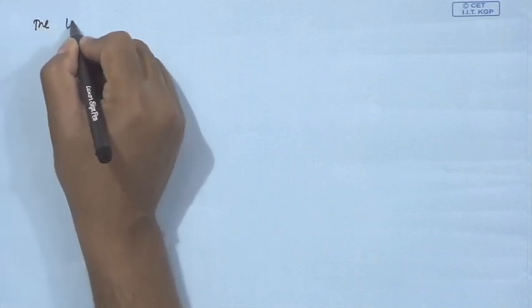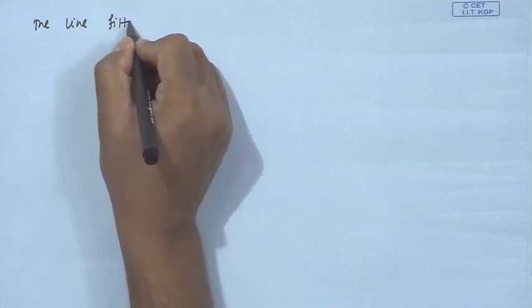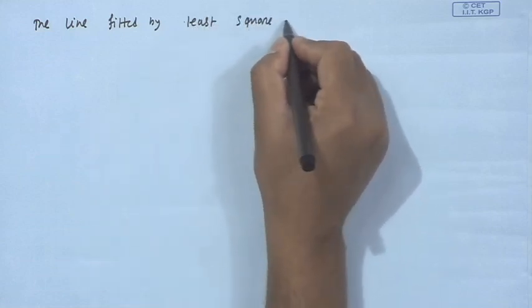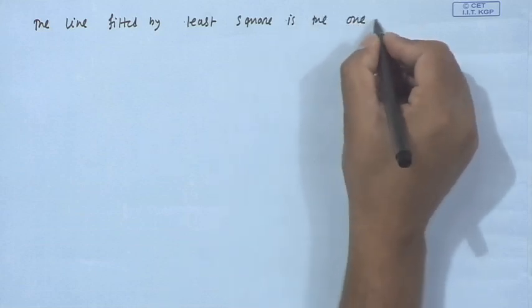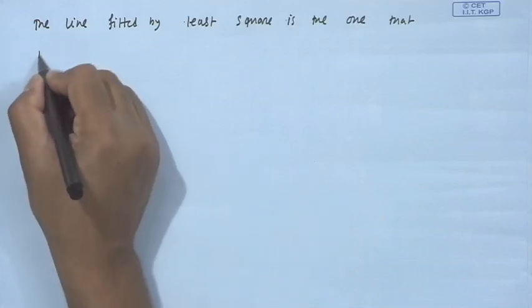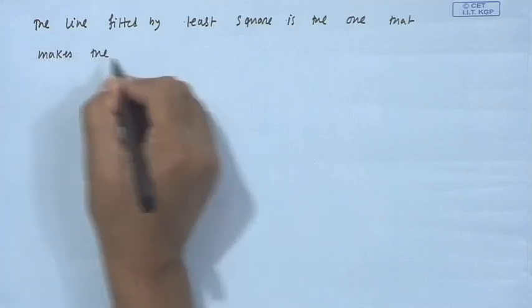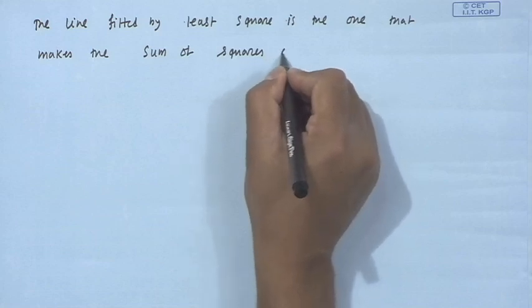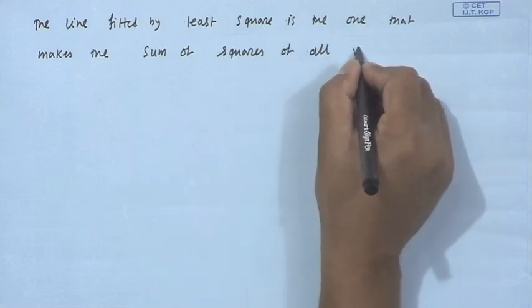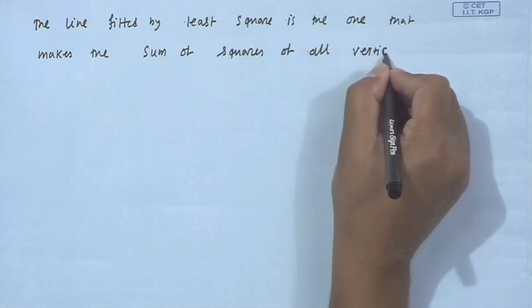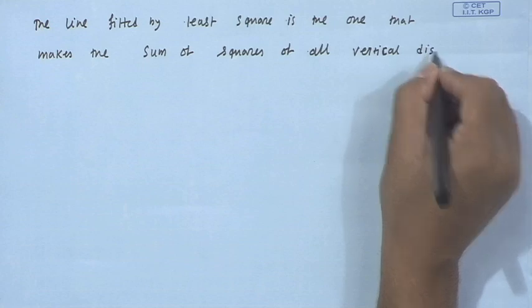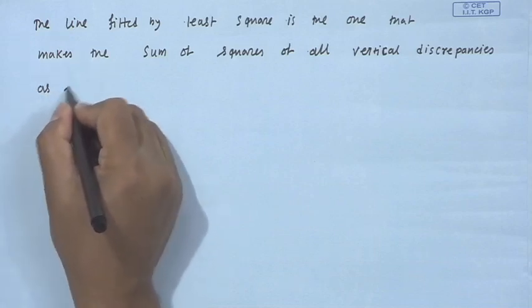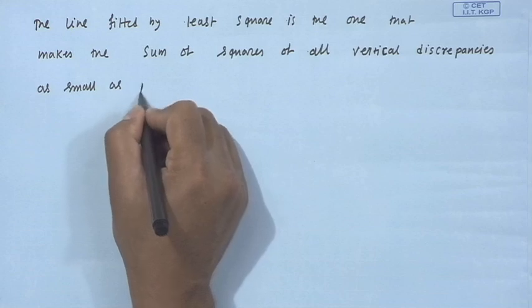The line fitted by least square is the one that makes the sum of squares of all vertical discrepancy as small as possible.